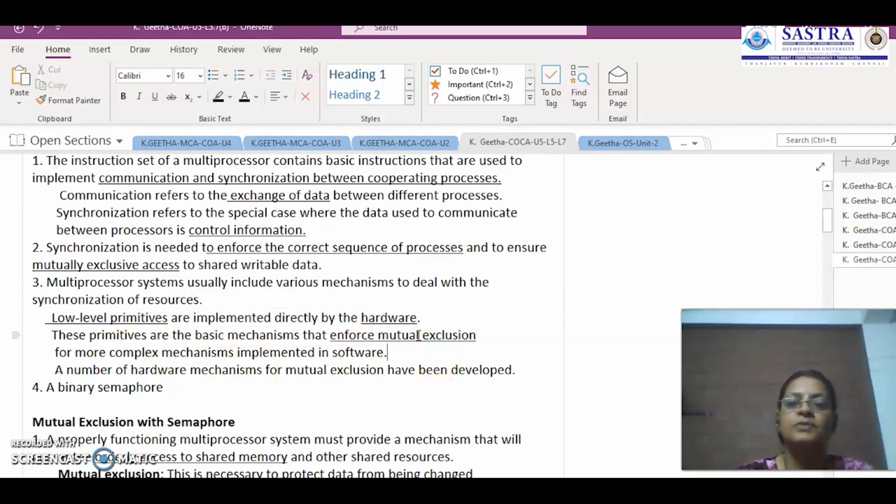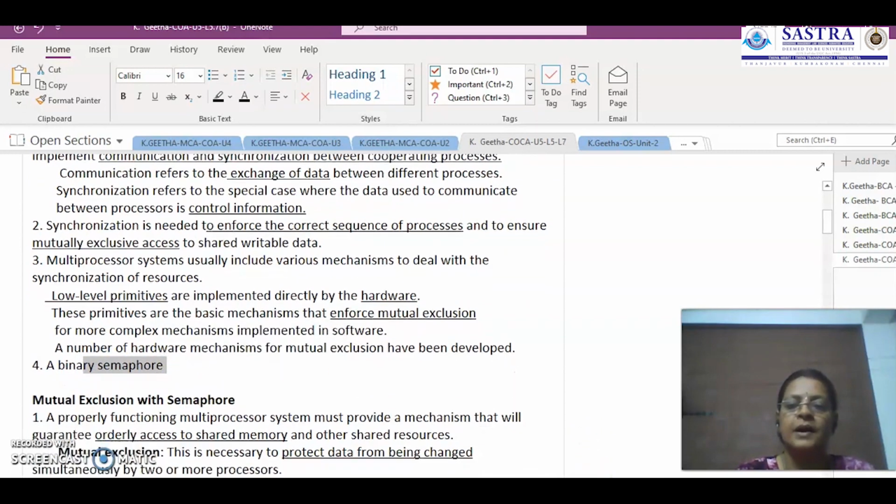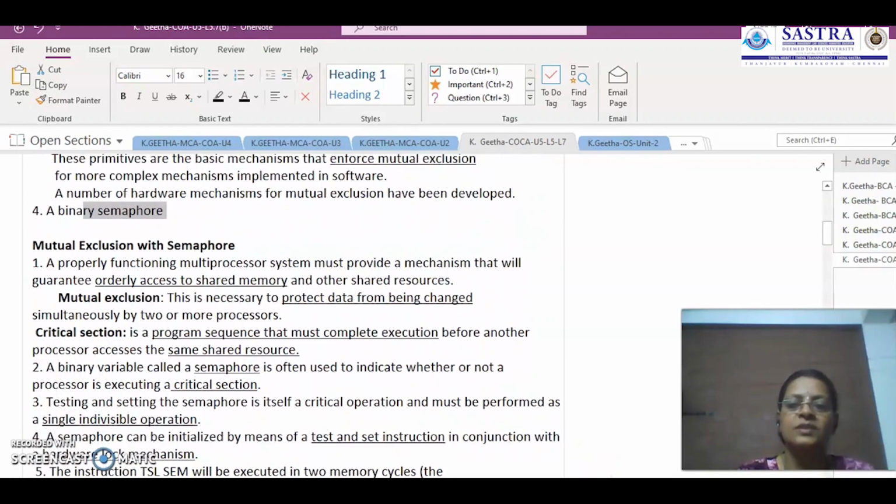What we mean by mutual exclusion is, when more than one attempts to share the resource, only one will be allowed, and the others will be controlled not to enter that common space. And there are other mechanisms like binary semaphores which are also available to enforce this mutual exclusion policy. Now we will see how this mutual exclusion is going to happen.